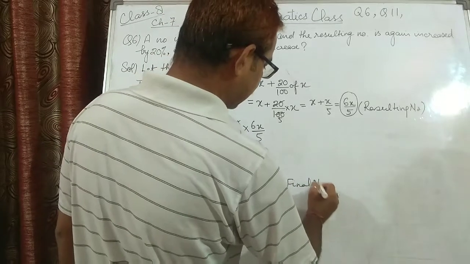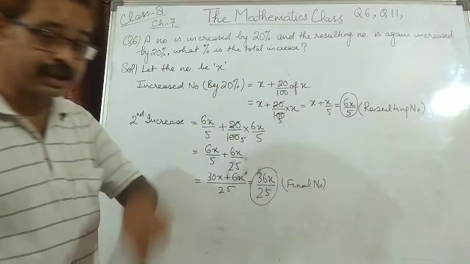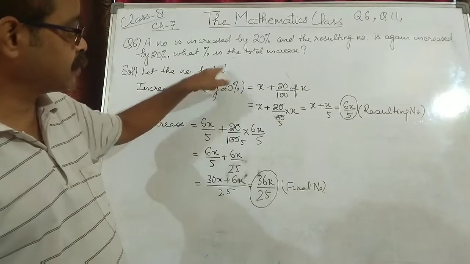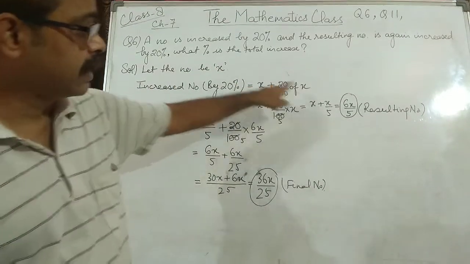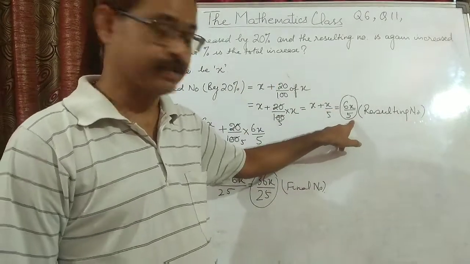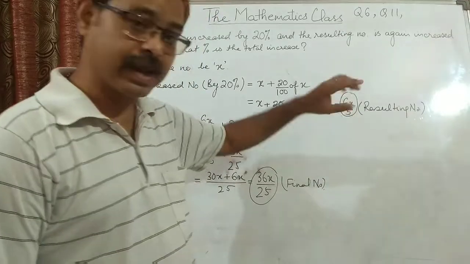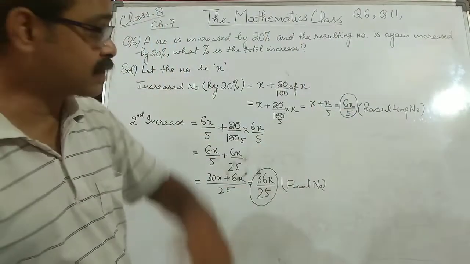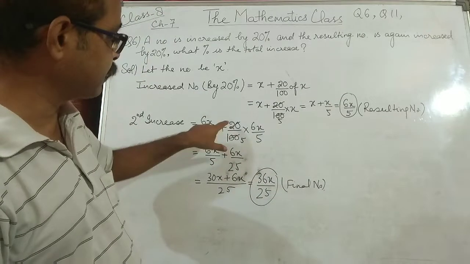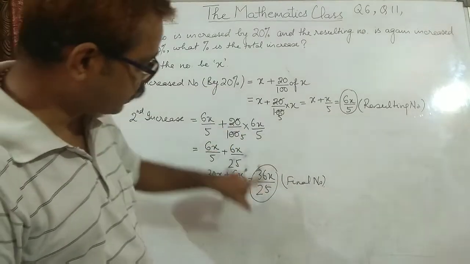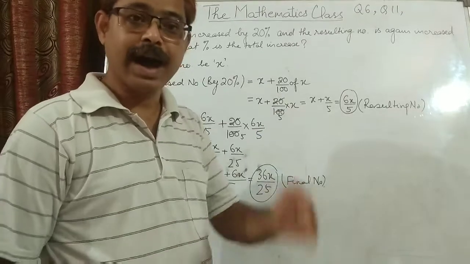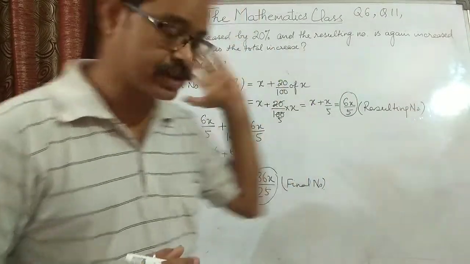This is the final number after two increments. Initially the number was x. When it was increased by 20%, it became 6x upon 5. This resulting number has again been increased by 20%, and this becomes 36x upon 25. So this is the final number after two increments.